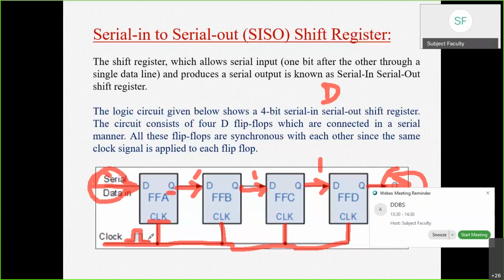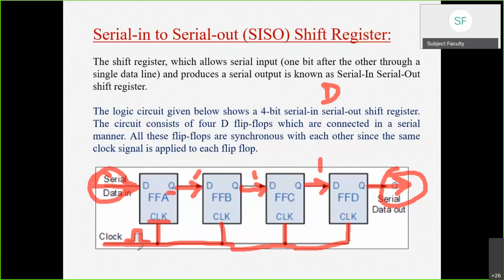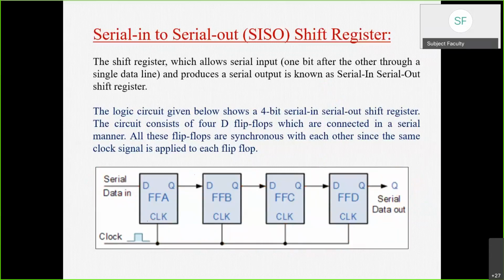Why synchronous? Because the clock signals are applied simultaneously. So these are a few details regarding the circuit. We have seen the circuit description. Now we will see the operation of the circuit, how it actually works.